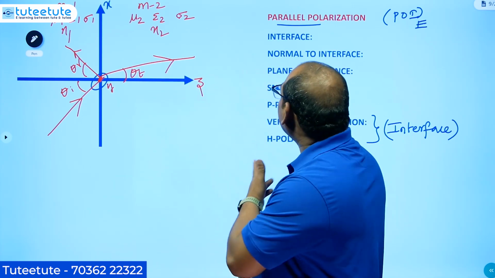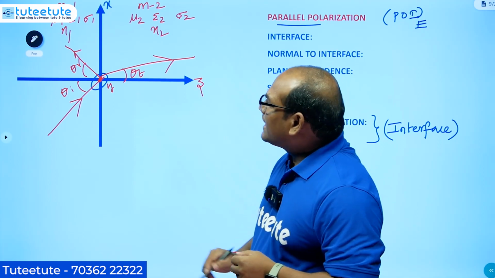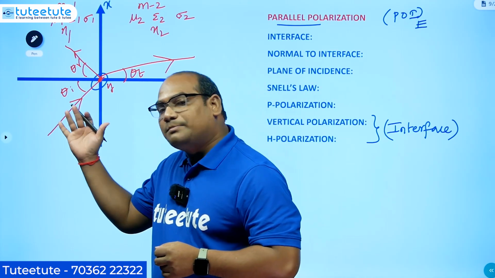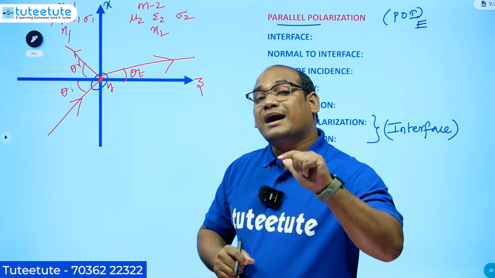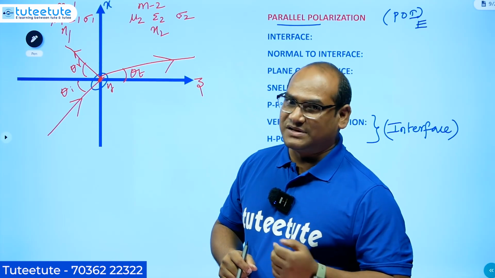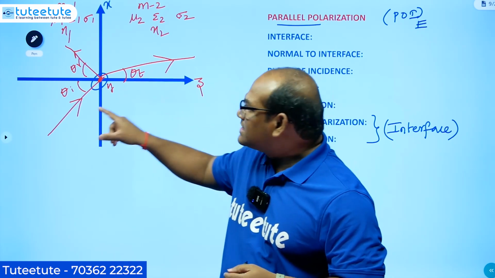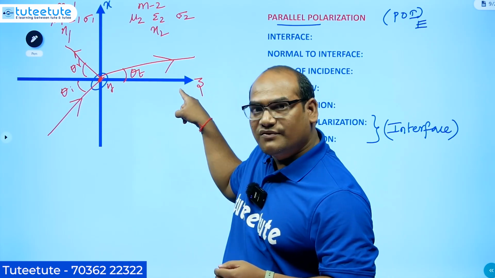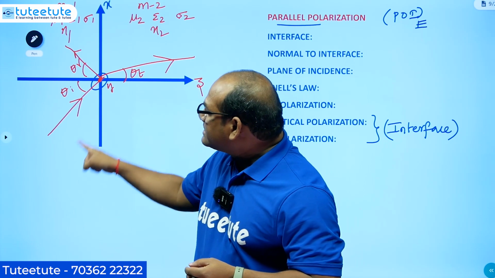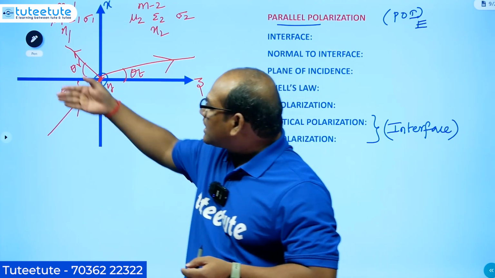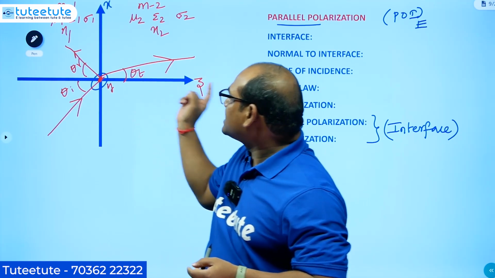But we are studying the parallel polarization, so the electric field should be available in the plane of incidence. That means the magnetic field is perpendicular to the plane of incidence. What is the plane of incidence in this case? The plane which contains the normal to the interface and the incident electromagnetic wave. These two are available in the xz plane.